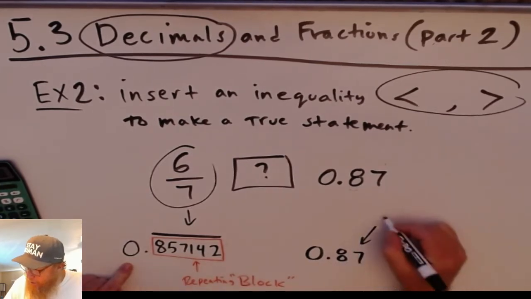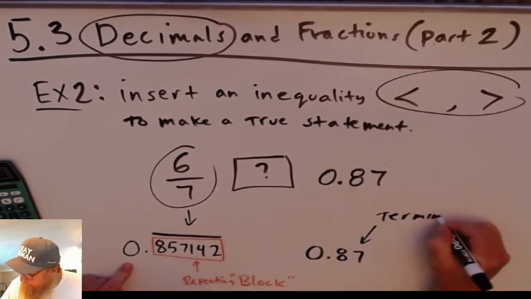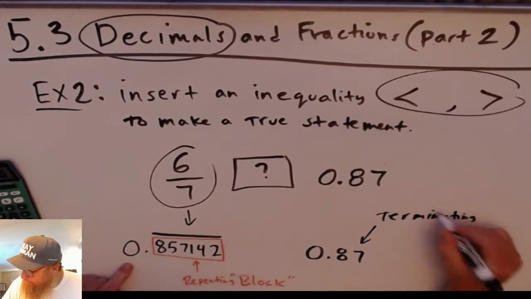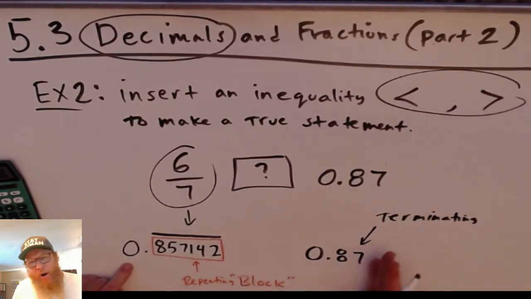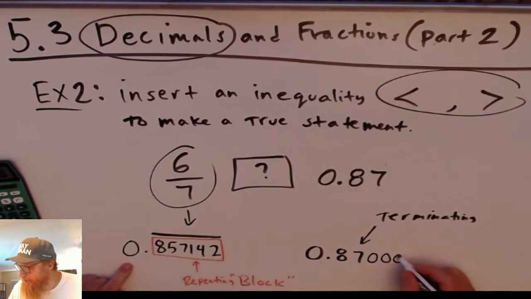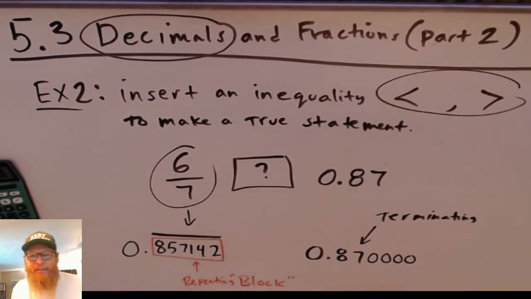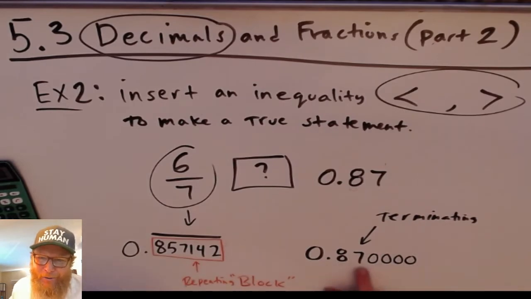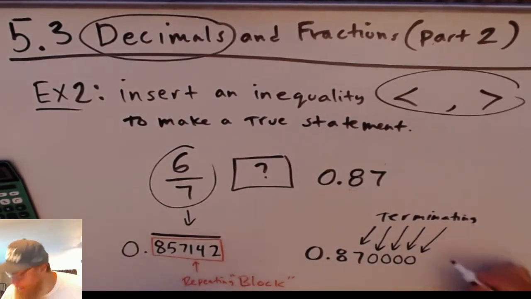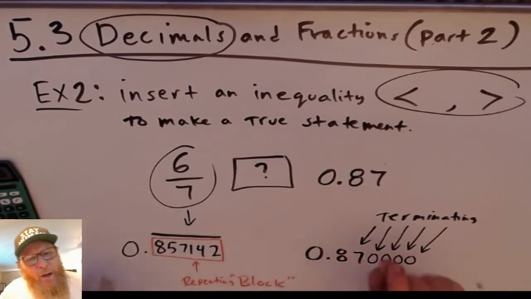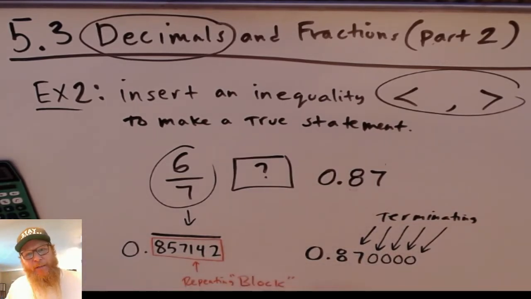This is what we call a terminating decimal. It means that there are no repeating blocks, no repeating digits, unless you consider 0 as an infinite repeating decimal. Typically, we don't. When you get all zeros, we call that terminating. It's like when you do the long division process and you get a remainder of 0.